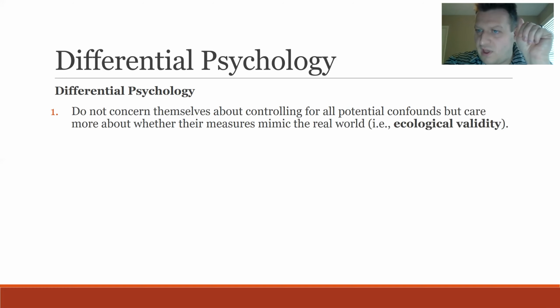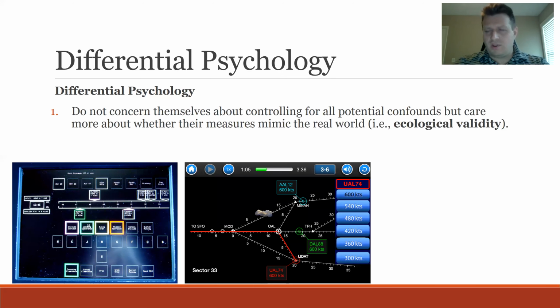Differential psychologists, on the other hand, are concerned with ecological validity. Ecological validity is the extent to which our tests mimic the real world, what human beings actually encounter in their daily lives. A good example of this, in graduate school, we were interested in examining multitasking ability, and one multitasking task that was very important for us was that of an air traffic controller.